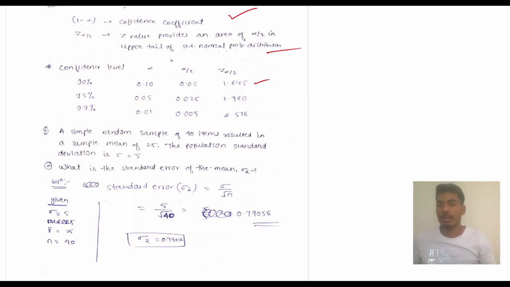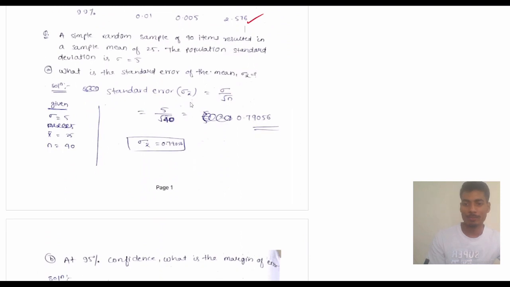When confidence level is 95%, the value of alpha is 0.05, alpha by 2 is 0.025, and z alpha by 2 is 1.960. When confidence level is 99%, the value of alpha is 0.01, alpha by 2 is 0.005, and z alpha by 2 is 2.576.